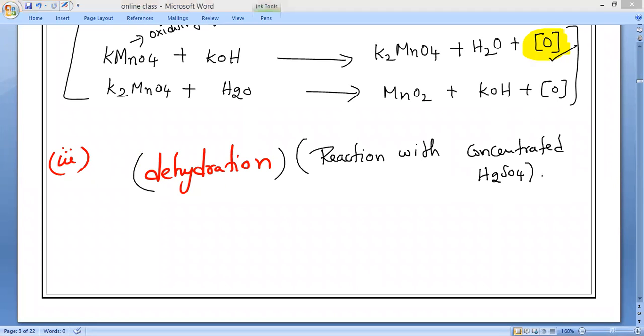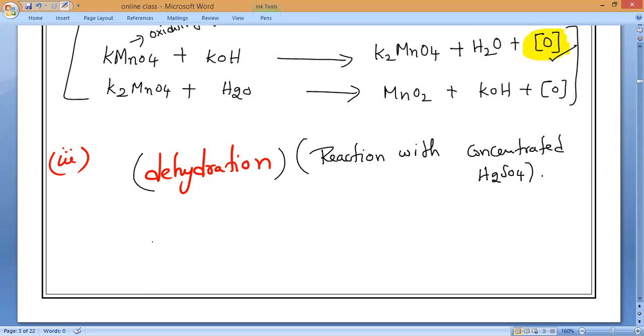Very, very important reaction. That is what we follow according to our book, so each one you all need to know. Please make everything very clear and write it, everyone. What is the name of this reaction? Dehydration.